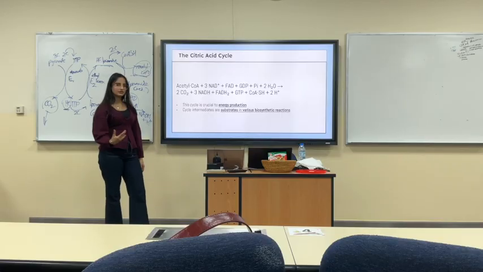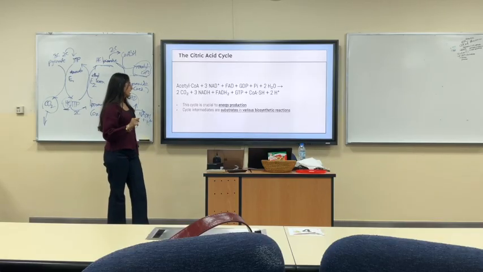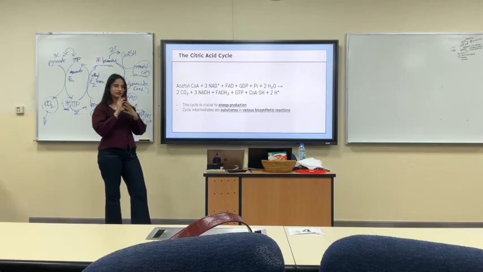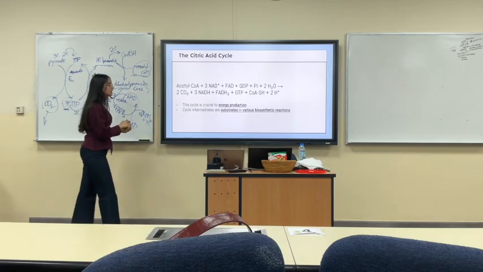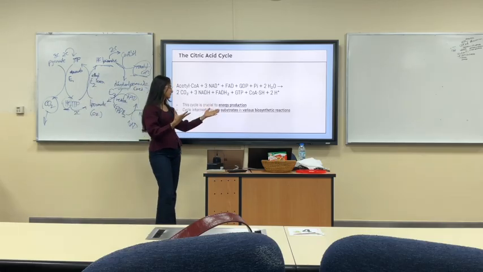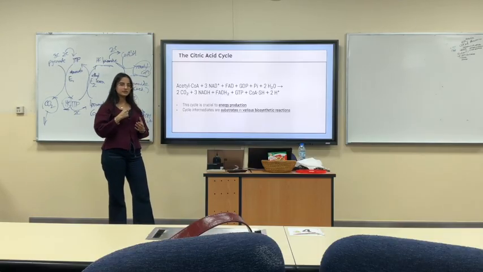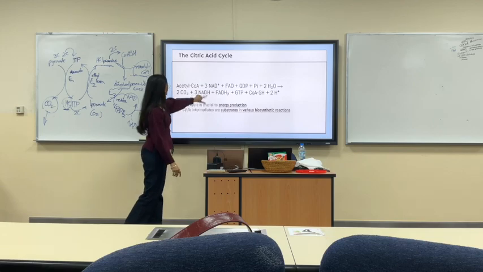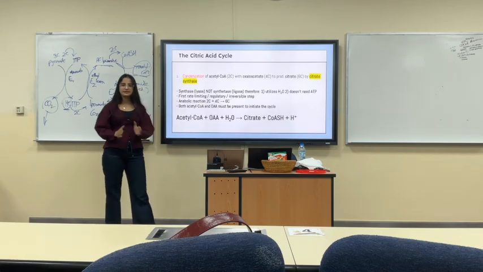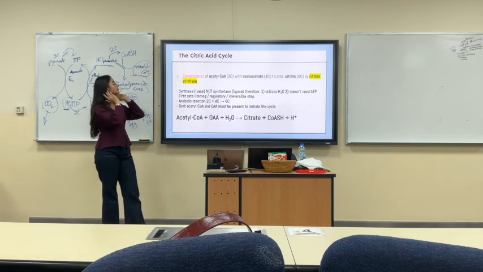This cycle is crucial to energy production, of course. There's another function for the citric acid cycle: the cycle intermediates are substrates in various biosynthetic reactions, which means that we will use them to produce other compounds, which will be explained later.